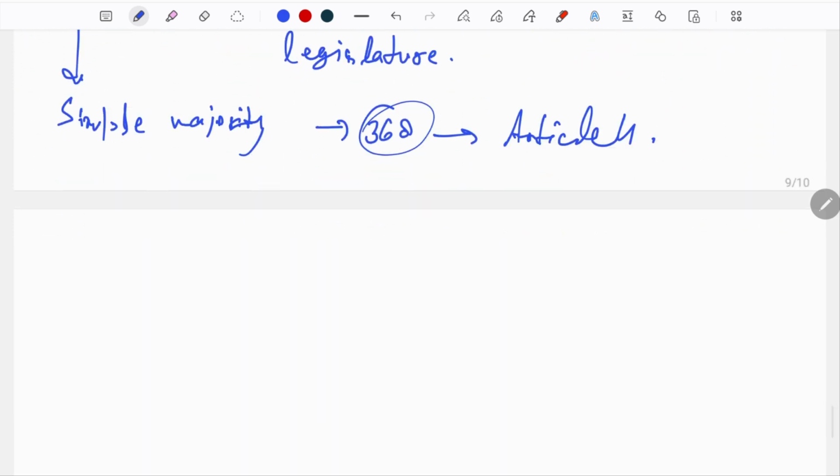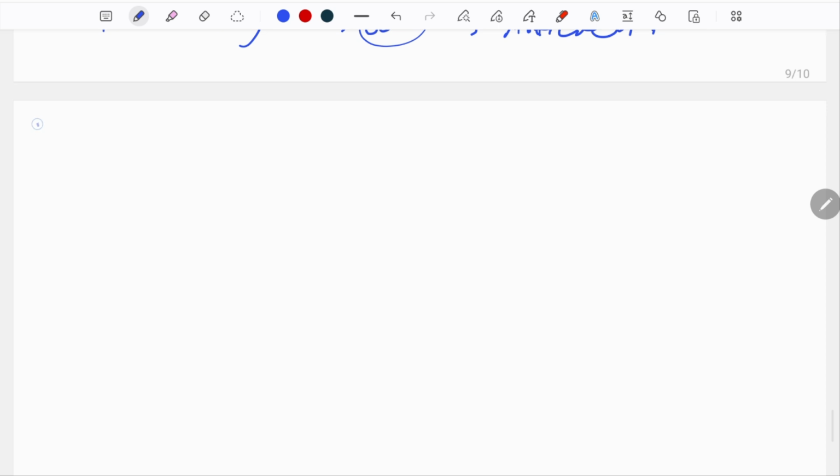Now moving on to the next topic, which is expansion of scope of Article 21. Recently there has been a series of judgments in which the Supreme Court has expanded the scope of Article 21.